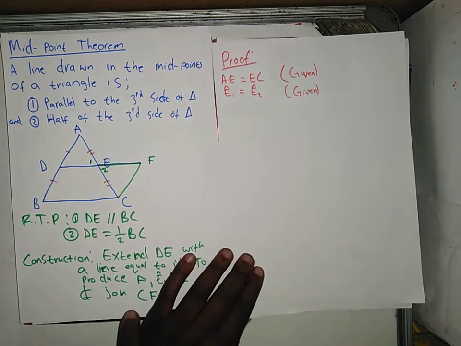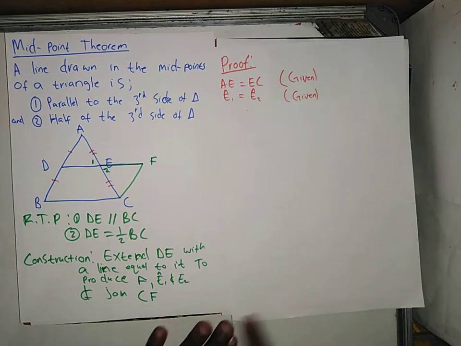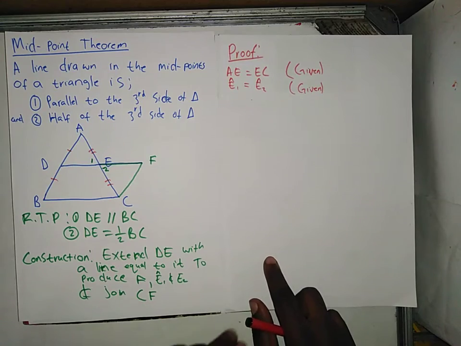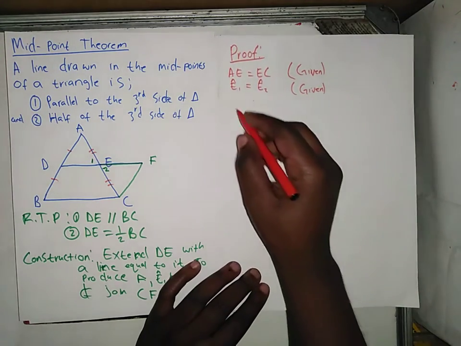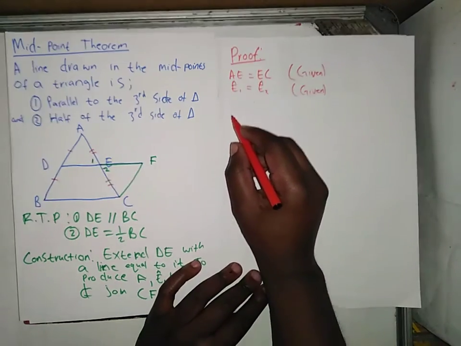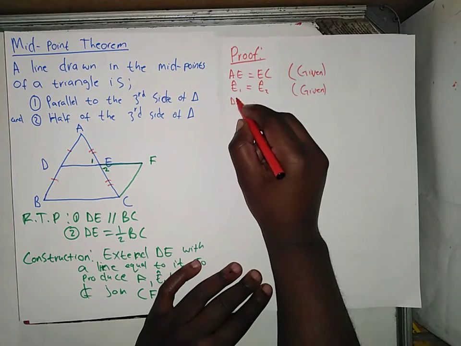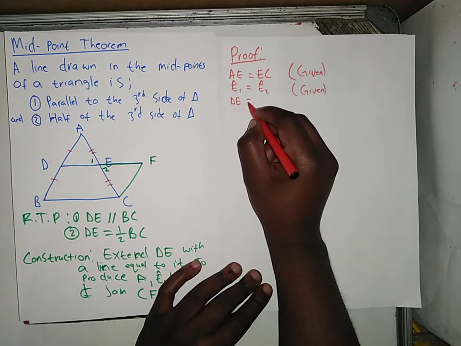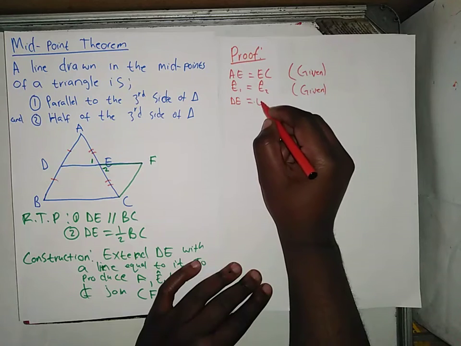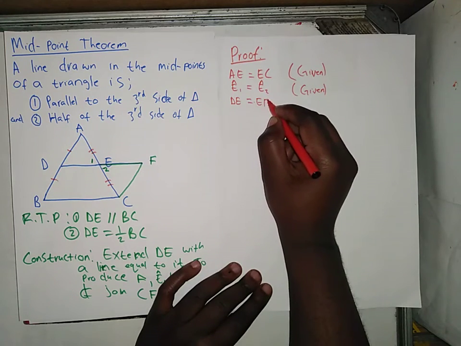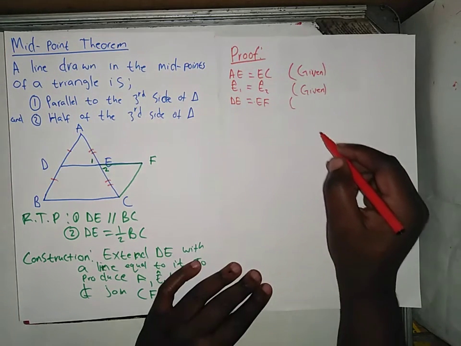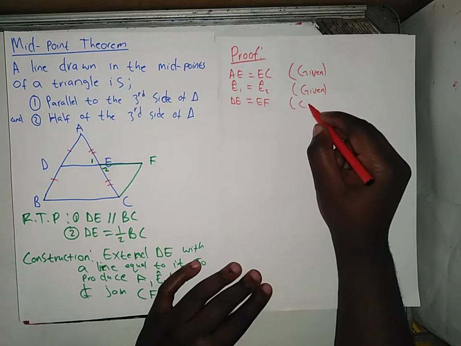Remember we said we're going to extend DE with a line equal to it and produce F. So because of that, DE is equal to EF. And how do we know that? We know that by construction.